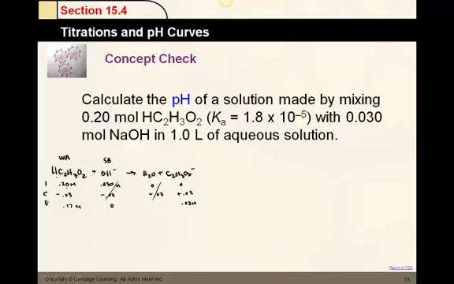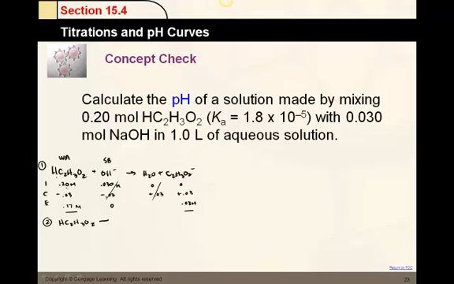All right, so this is equation number 1. Equation number 2, what is the major contributor of pH here, of those things which we have left, this or this? Hopefully you're saying it's the acetic acid.